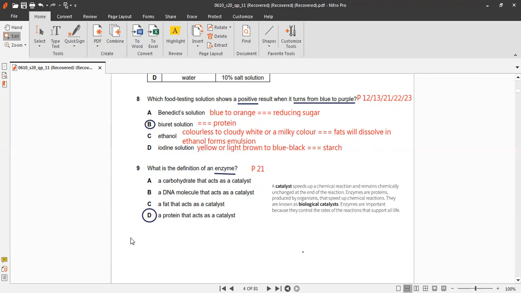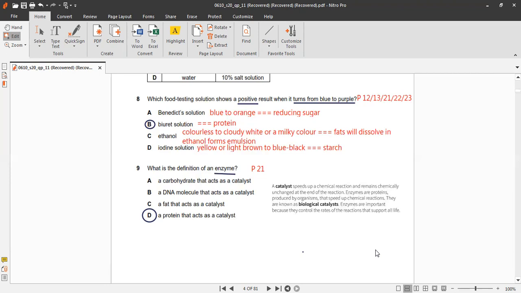What is the definition of an enzyme? Let's see the definition of enzyme. A catalyst speeds up a chemical reaction and remains chemically unchanged at the end of the reaction. Enzymes are proteins produced by organisms that speed up chemical reactions.